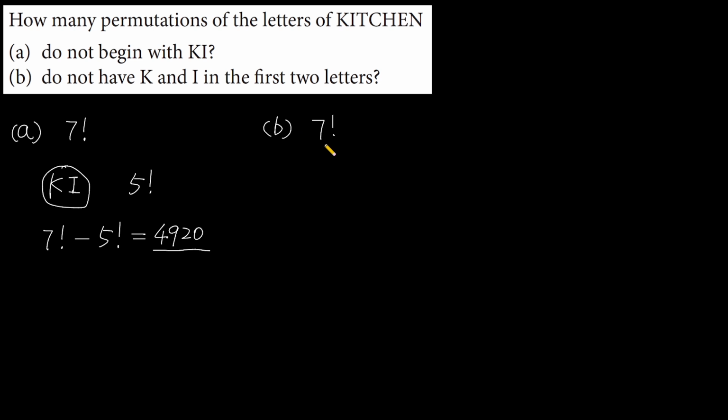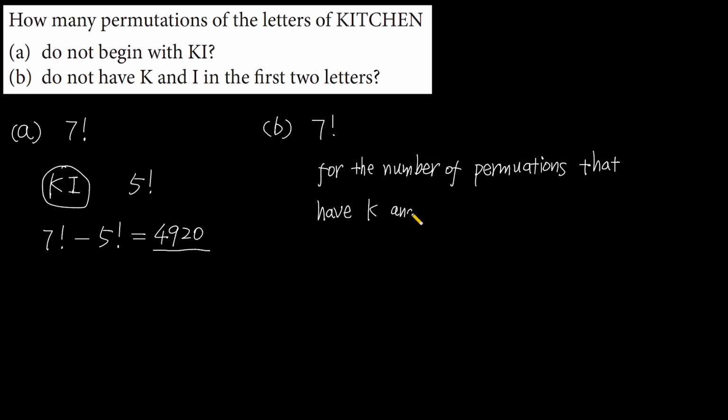Then we use the total number of permutations minus the number of permutations that have "k" and "i" in the first 2 letters, and we get the number of permutations that do not have "k" and "i" in the first 2 letters.